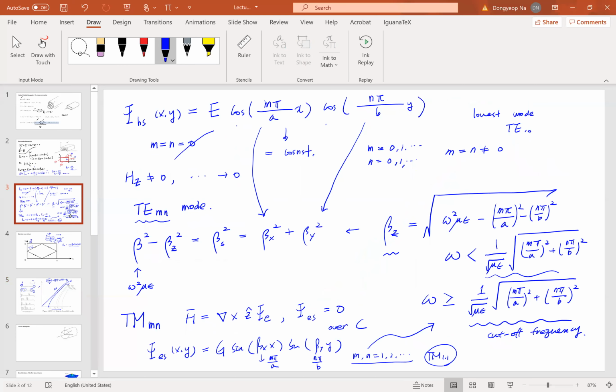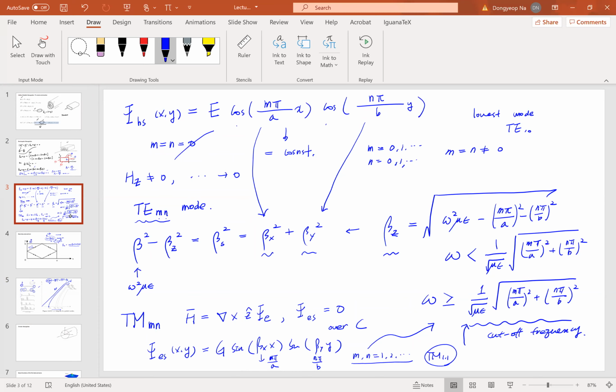Yeah. So this mn index is the eigenvalue of beta x and beta y. Actually, beta x was given by integer m times pi over a, and beta y was integer n times pi over b. And you can see that this was the cutoff frequency.